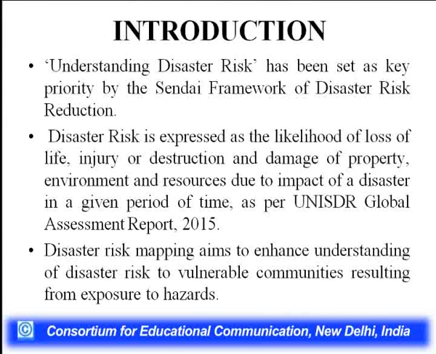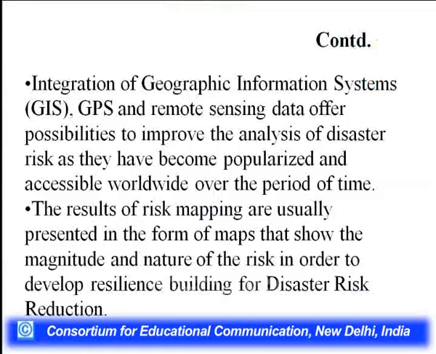Disaster risk mapping aims to enhance or improve our understanding about disaster risk to vulnerable communities resulting from exposure to hazards. And so in this context, I would like to bring before you the role of new technology, particularly the geographic information, or very popularly known as geospatial information technology, integrating GIS, remote sensing and GPS.